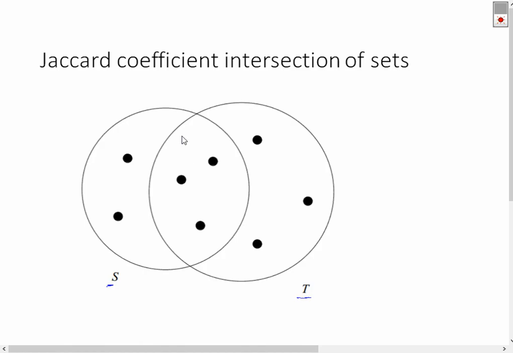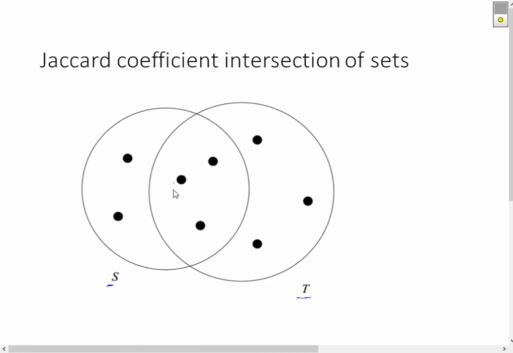And what we see here is that I have these three points, which would be representative of 3 terms that both documents have in common. Now what's interesting about this is that I have 5 total terms here, I have 6 total terms over here, and only 3 of them in common.